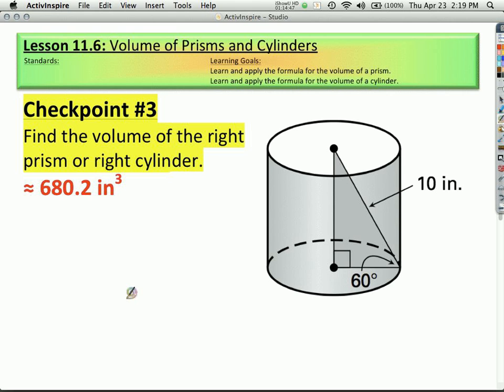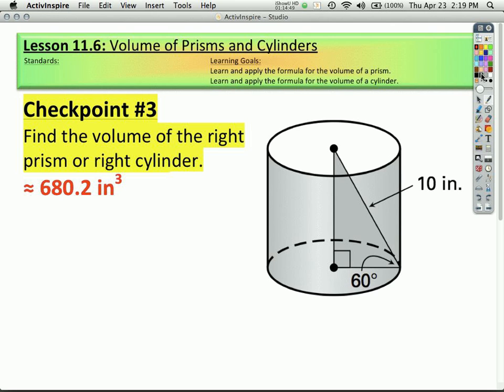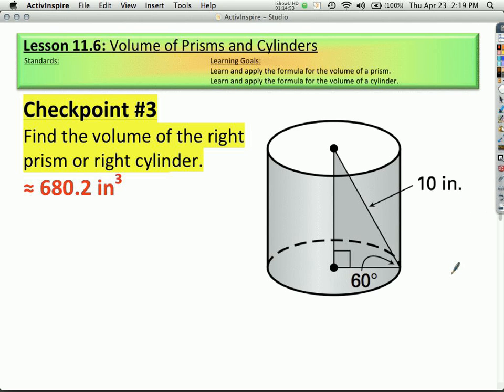In this case, a needed piece of information was left out. How'd you go about finding it? Stephanie, Kamoy, then Kadir. It's a 30, 60, 90. That's true. So then I divided 10 by 2 and I found the radius. Very good. So the relationship is x, x radical 3, and 2x.